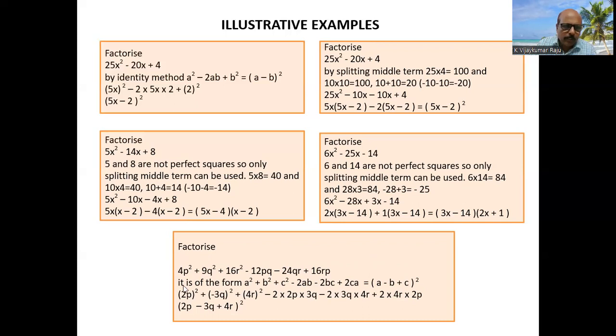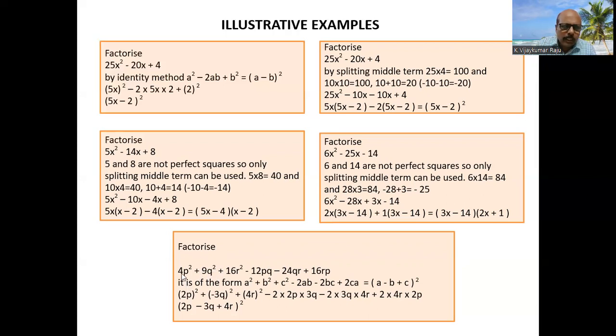Okay. Now, here you have to see these two terms. These two terms are negative. In these two negative terms, which is the letter common to both? q is common. q is common, which means the middle term, the q term, is negative.